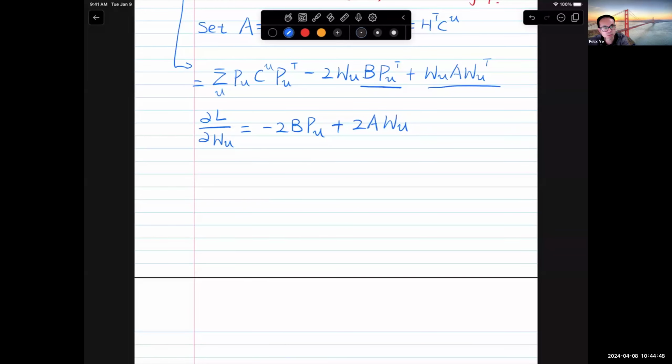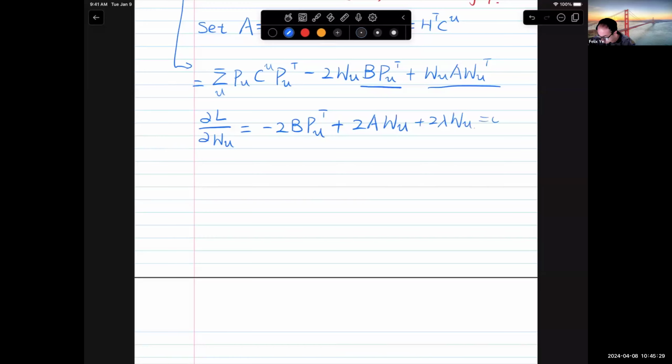This is also a missed transpose. Okay, so there's a missing transpose here. I'm going to correct that in the notes. By the end of the day, it gets you WU transpose. So this should be like this, plus 2 lambda WU.